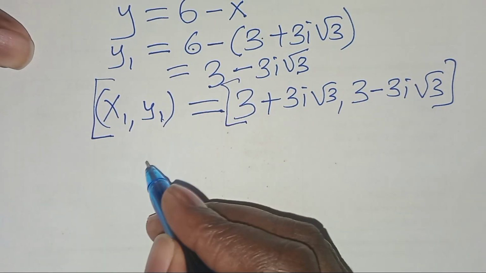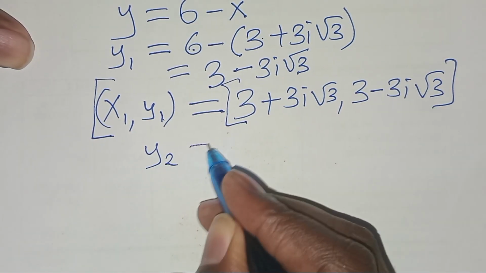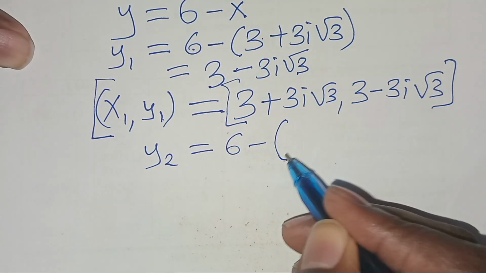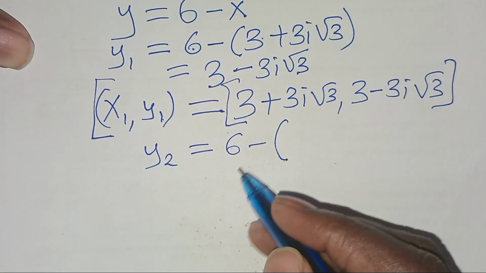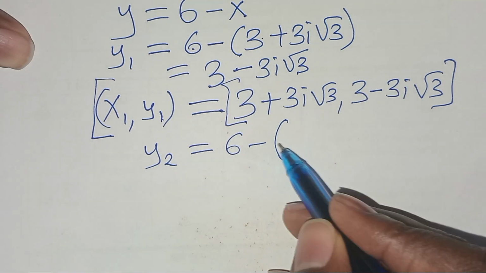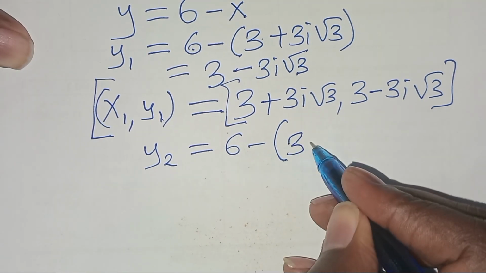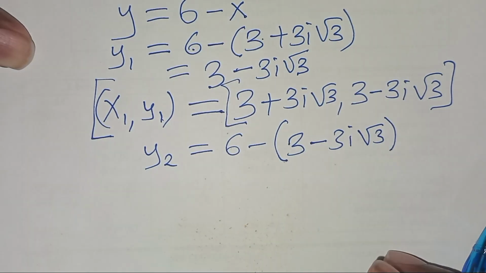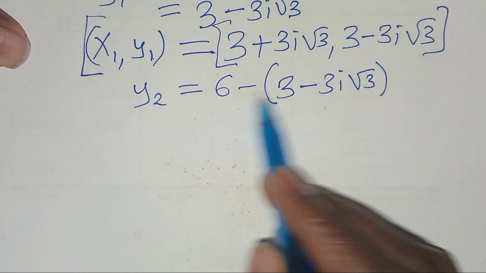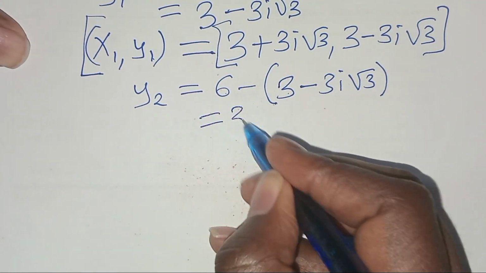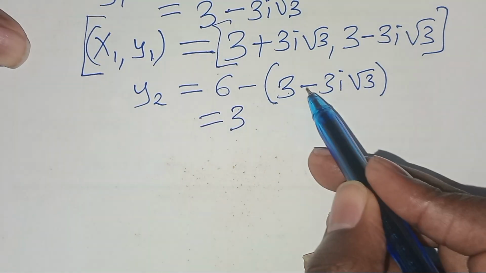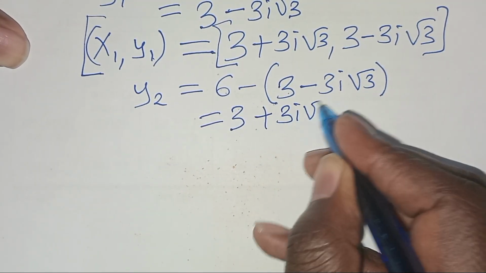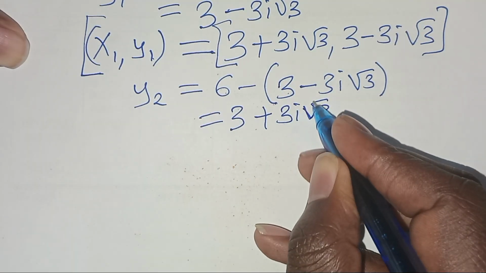So this is the first set of solution, x1, y1. Now let's solve for y2. y2 is equal to 6 subtract x2, and x2 is 3 subtract 3i square root of 3. So we'll have 6 subtract 3, which is equal to 3. Then negative times negative 3i square root of 3 is plus 3i square root of 3.